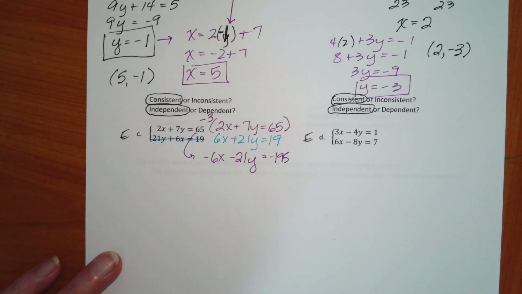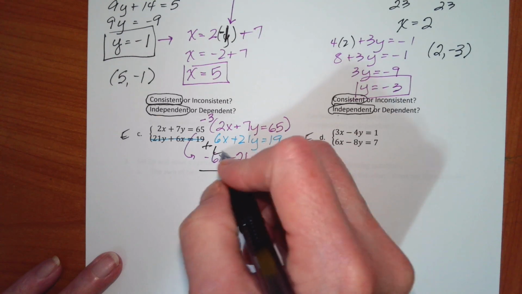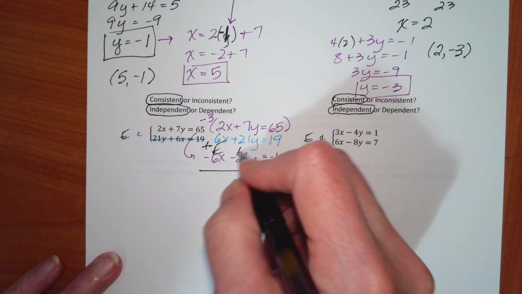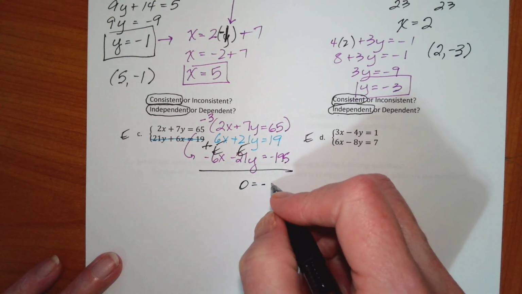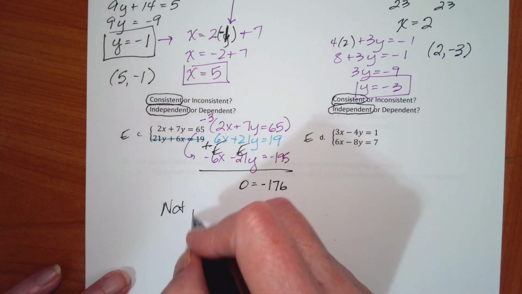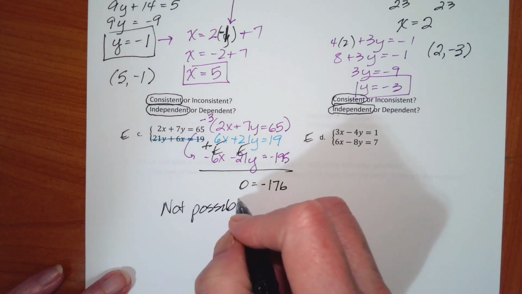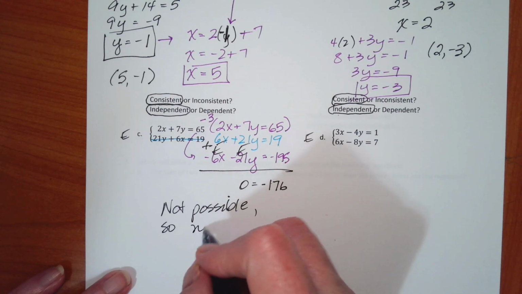Okay, so now when I add these two equations together, the x's are eliminated, the y's are eliminated, so I have 0 equals -176. This is not possible, so there's no solution.